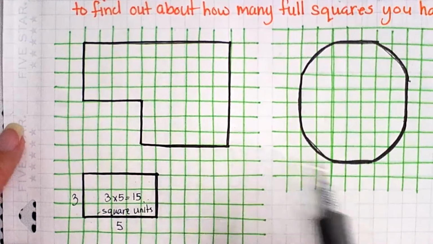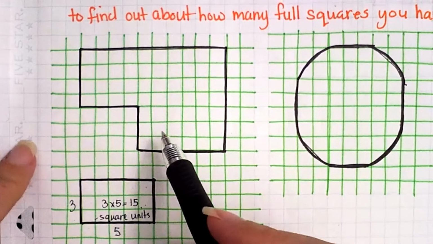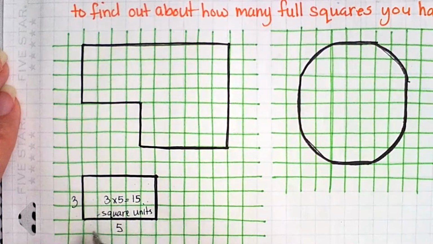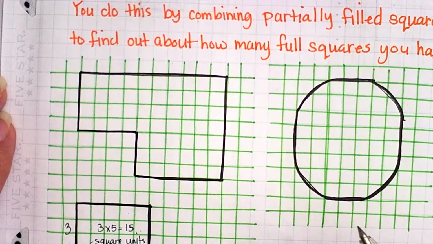Now, if we're working on a shape like this, that's kind of difficult to count, right? Either there's a lot of squares that we need to count, or it's kind of cut out differently where we can't just multiply the length by the width to find the area. We can cut that shape.